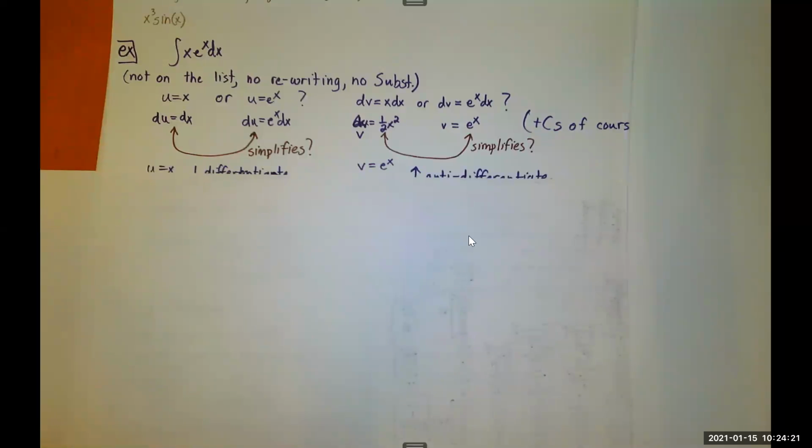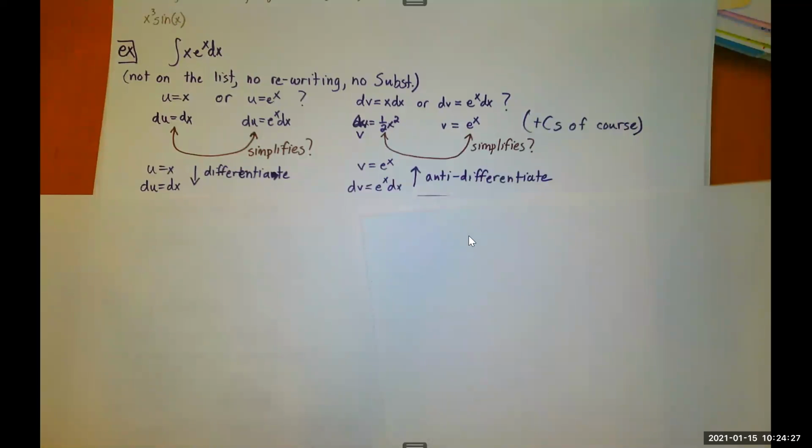So if I go to my formula, well, I'm not going to go to my formula yet, sorry. Forgot how I did this problem, or the order I did this problem in. So, reminder, when we think about integration by parts, after we choose u, we differentiate to get du. After we choose dv, we anti-differentiate to get v.